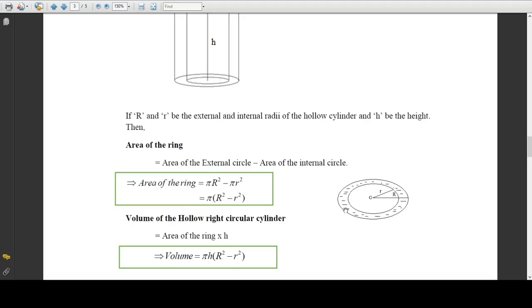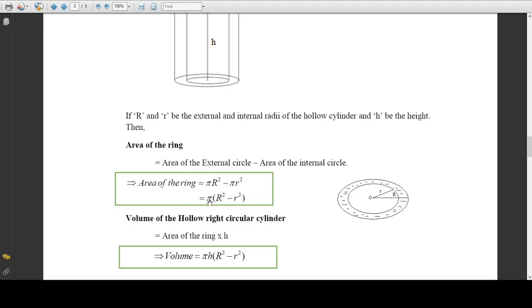Okay, now what will be the volume? The volume will be the area of the ring multiplied by h. Just multiply the area of the ring by h and that will be the volume of this hollow cylinder.